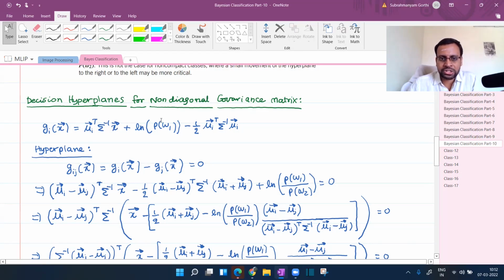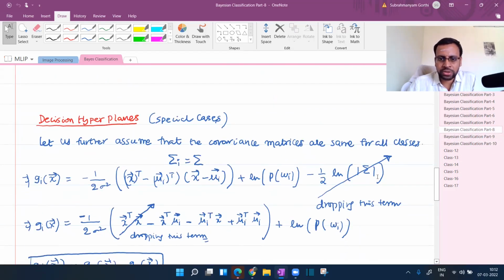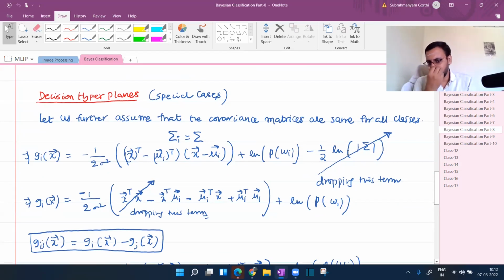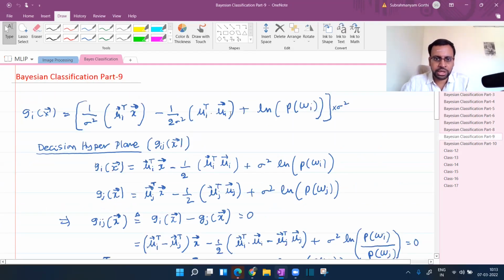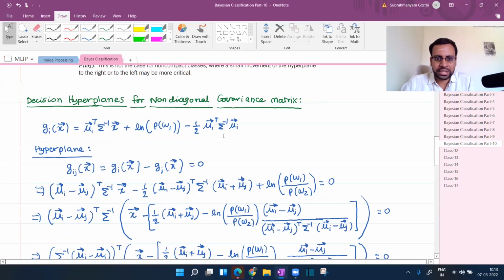Of course, there is this term natural logarithm of probability of omega I. And of course, the same expression that we had last time, minus 1 by 2 into the natural logarithm term. Here, 1 by 2 sigma square into mu I transpose into mu I is there in that. Now a similar exercise you do, this would sit inside this. That's all. Just figure out gi of x bar. Once you are done, the rest flows smoothly.